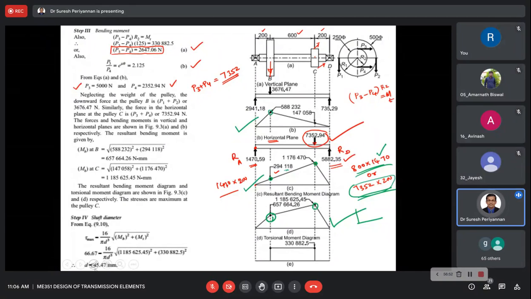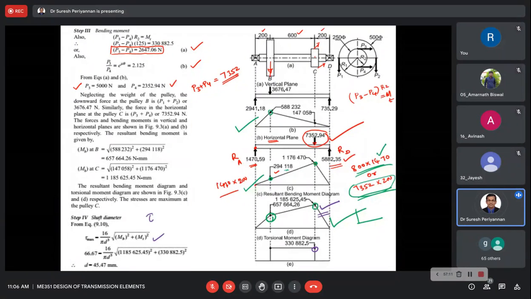I am going to consider this bending moment, 1185625.45, and this torsional moment for finding the diameter of the shaft. Now, what is tau max?